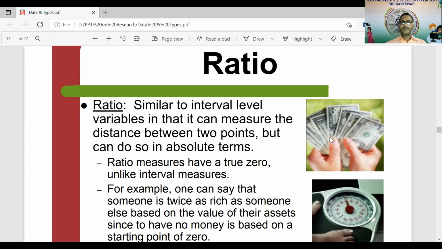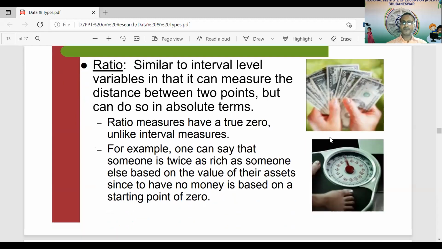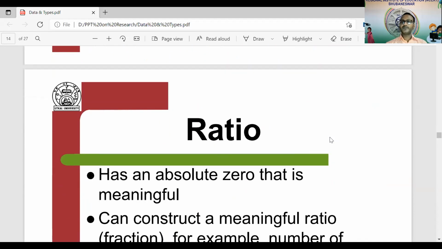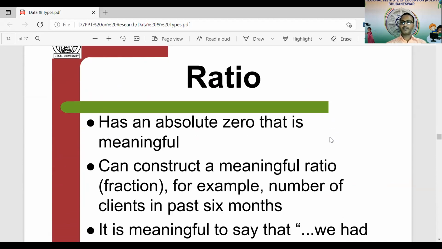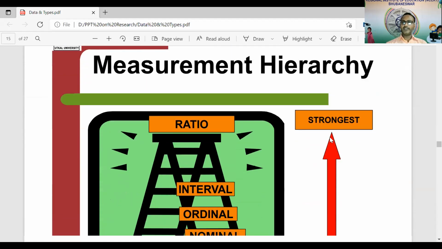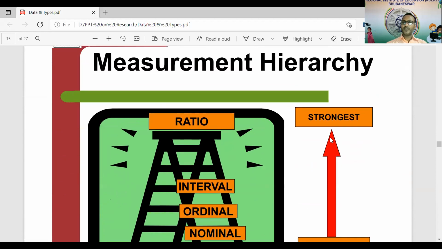So therefore, our problem is we have to use the interval scale, because all our data, all our scales, the tools that we use, the achievement test, the attitude scale, everything whatever we are collecting, is an interval scale.